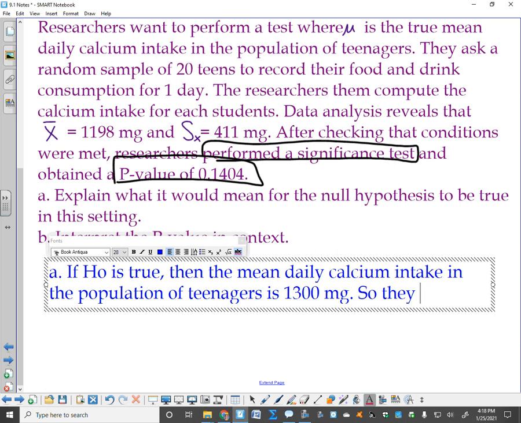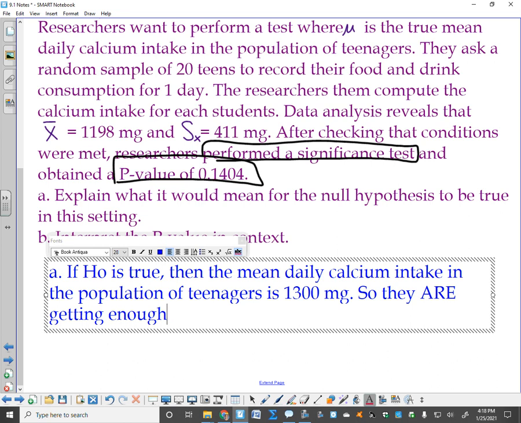So they are getting enough calcium on average.